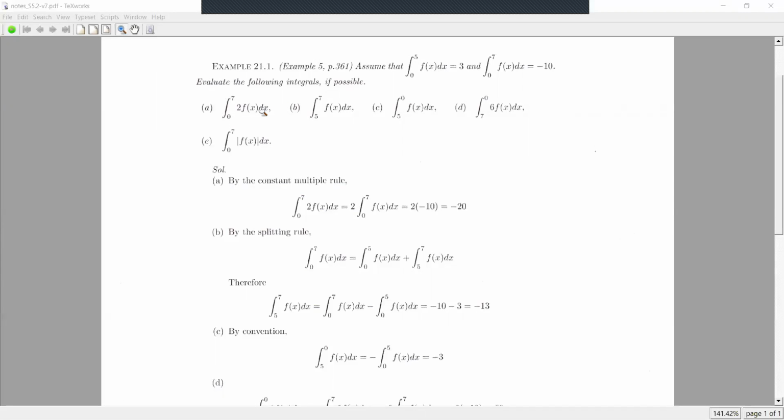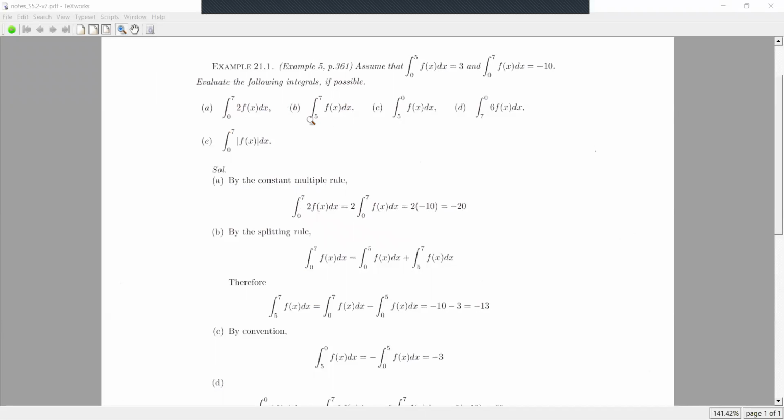A, find the value of this integral. By the constant multiple rule, I can move the number 2 outside the integral to get this equation. Now, 0 to 7, this integral is -10. So the answer is -20.